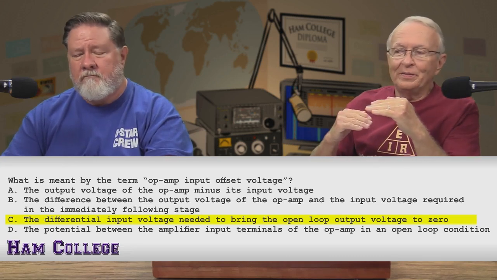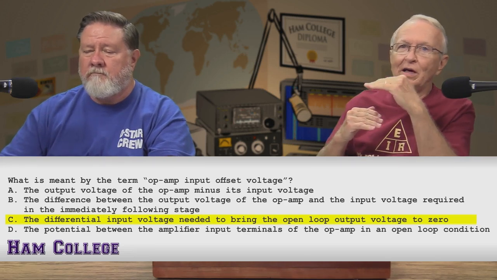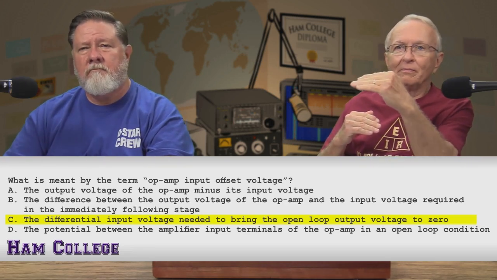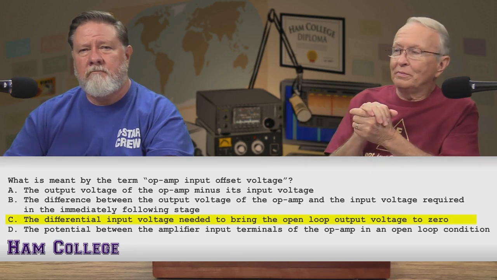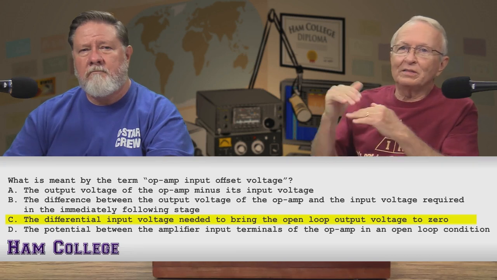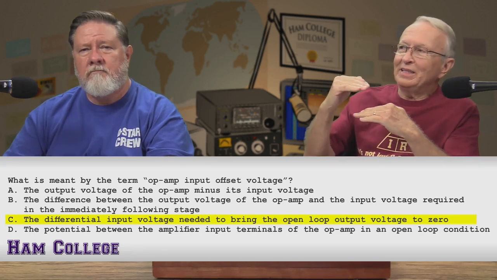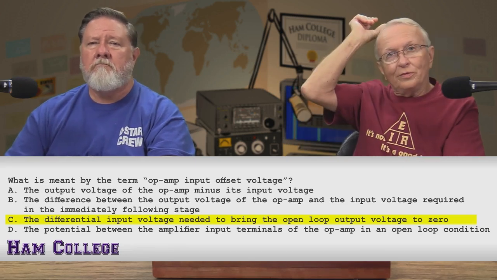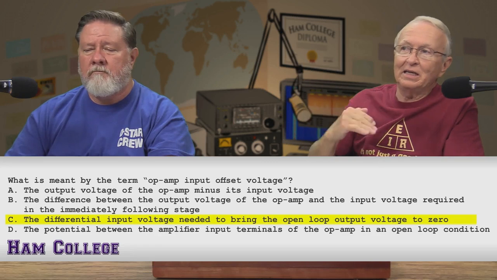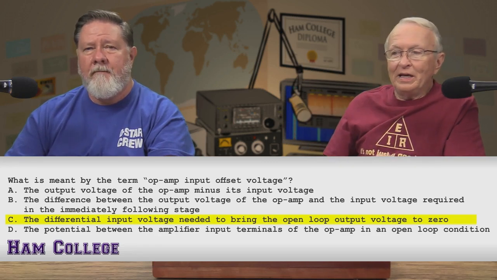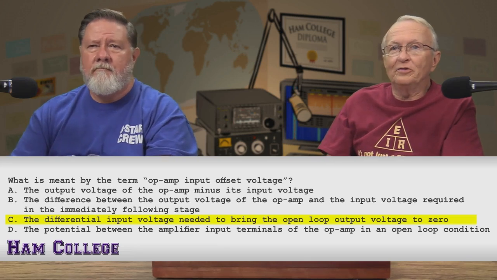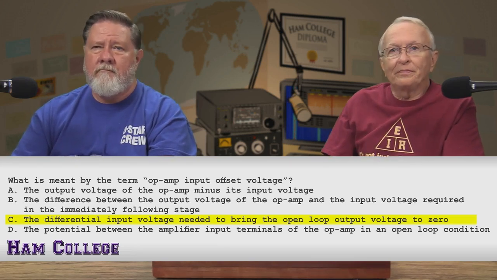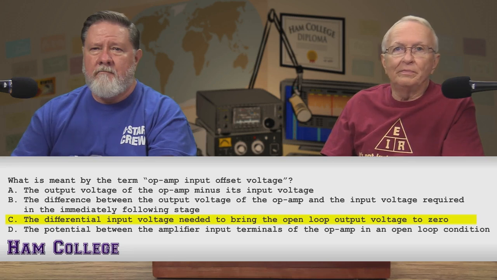So you might need a voltage that's slightly more positive on the positive input to bring the output to 0 volts. In other words, you couldn't put the exact same voltage in both inputs and get 0 on the output. If everything was perfect, you could, but it's not. So that's why we have offset voltage on the input.